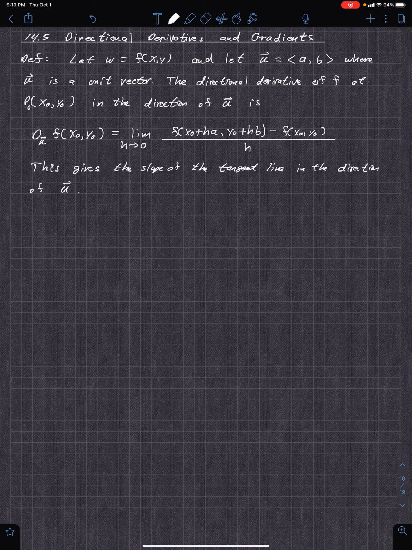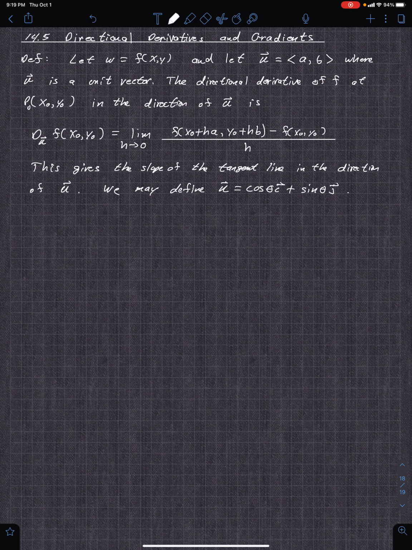One way to define u, so I'll just say we may define u equal to cosine theta i plus sine theta j. And those will be vectors. And because that's magnitude 1, sometimes that's a nice way to define your u, but it doesn't have to be.